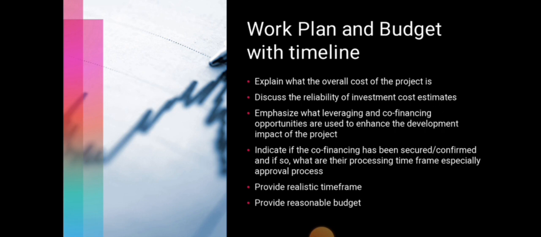Provide a reasonable budget. So when you describe this budget and time frame, we have to take into consideration how the project will be implemented. So the implementation should be clearly noted and identified before we go to the activity work plan and the budget.